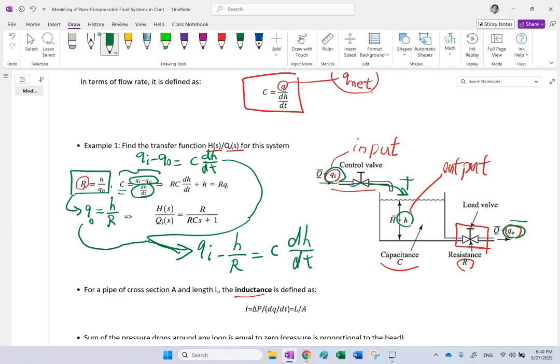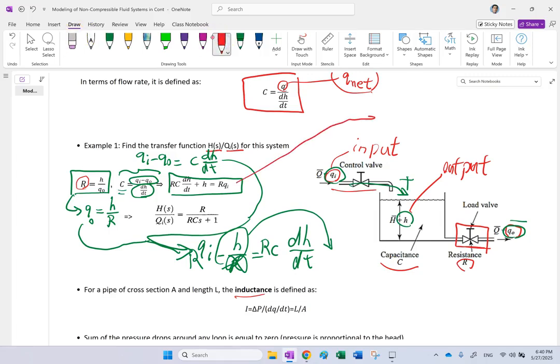Now I multiply both sides by R, so this becomes RC dH over dt, this becomes just H, and this becomes RQi. Then I take this H to the other side. So it becomes RC dH over dt plus H equals RQi, which is this equation here. Now this equation is only between input and output, Qi and H. So all you need to do is apply a Laplace transform to this.